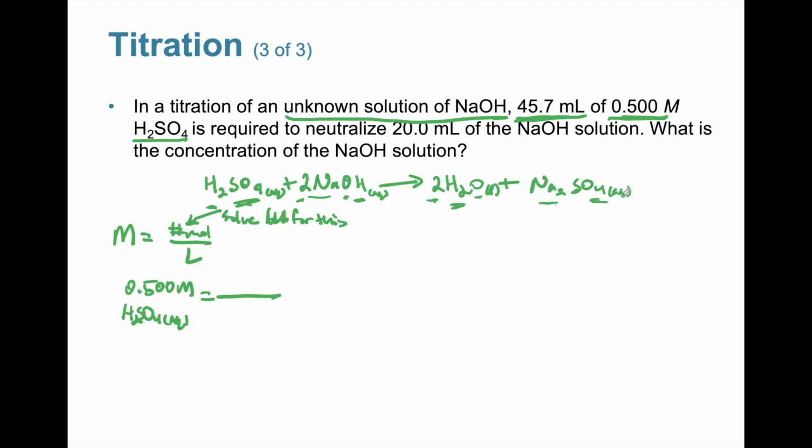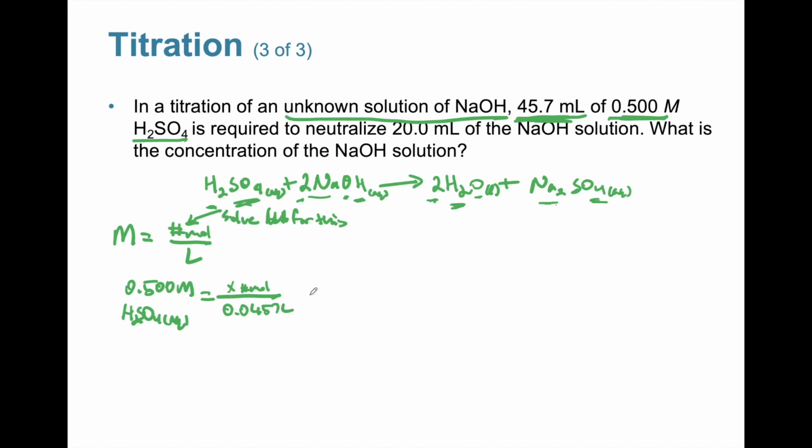Don't forget your states, okay? And then we're solving for X number of moles, right? So this is what you're solving for right there. And then you have our volume, which is 45.7, which converts to 0.0457 liters, right? So just solve for X.